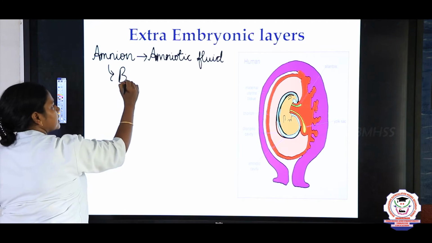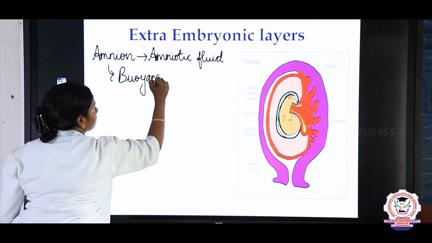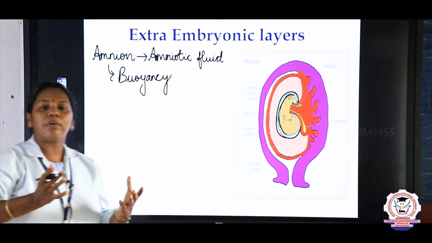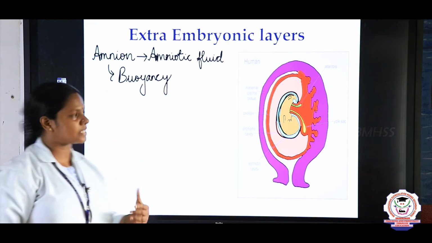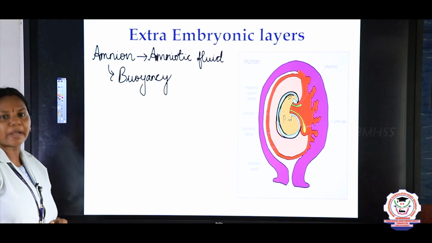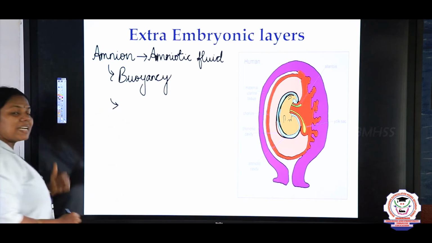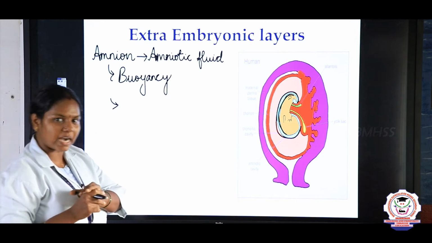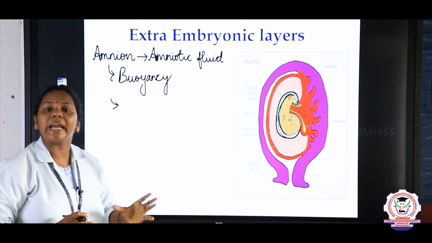What do you mean by buoyancy? You might have studied in physics. Buoyancy means floating nature, midakkum tanmai, as we say in Tamil. The amnion helps the fetus to move freely inside the uterus. So it provides buoyancy and it is a translucent layer, and it protects the child from injury.